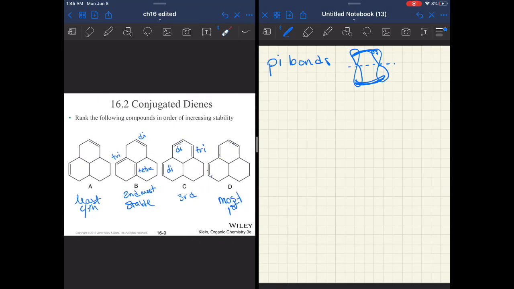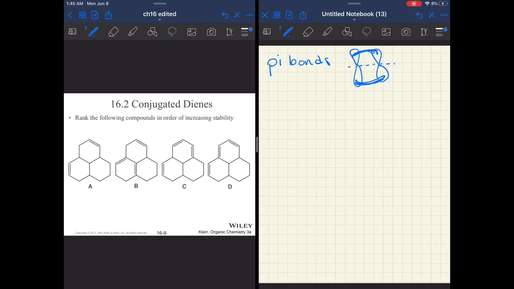Oh, you can tell I already worked this out. Let's erase that so we can work it out together here. This is a good practice problem that forces us to combine organic 1 and organic 2. You just learned that conjugated is the most stable, isolated is next, and cumulated is the least.